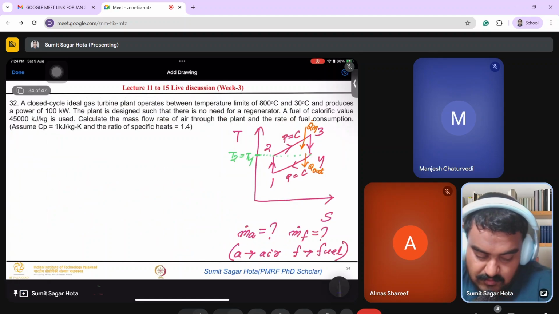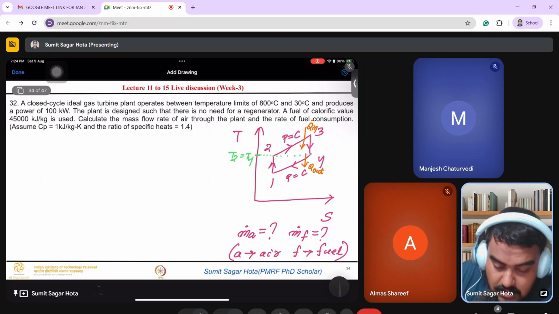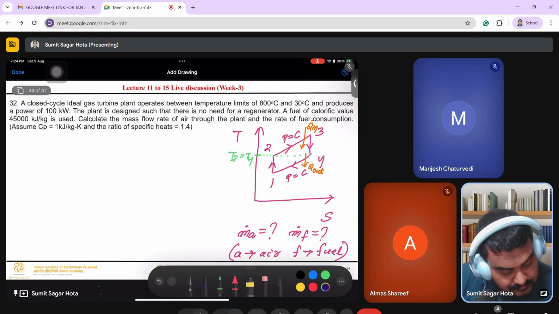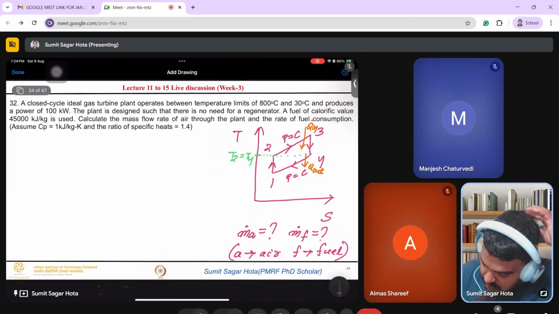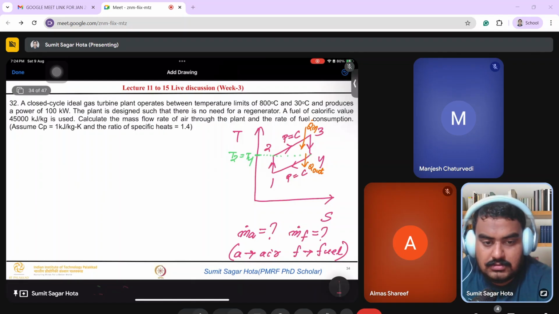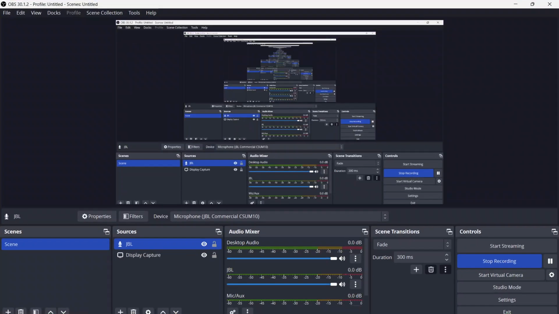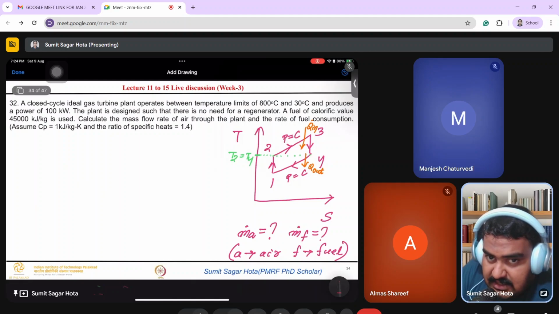Okay, let's come to the problem. We'll see some of the problems. A closed cycle ideal gas turbine plant operates between the temperature limits of 800 degrees Celsius and 30 degrees Celsius and produces a power of 100 kilowatt.